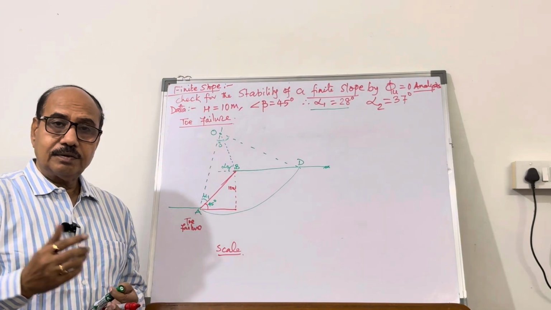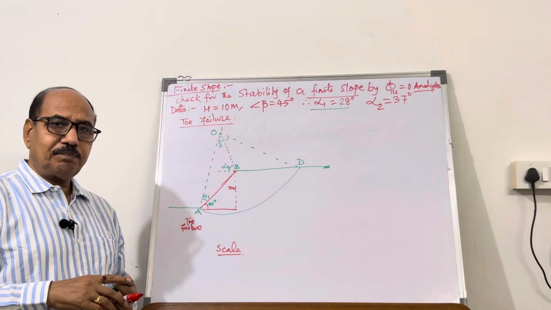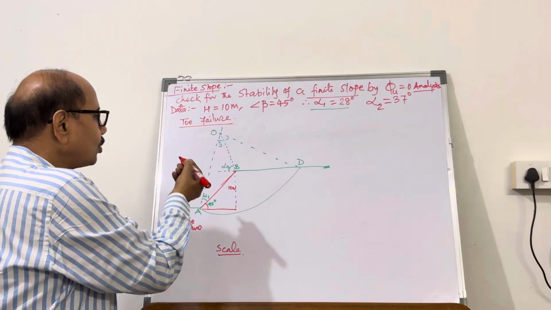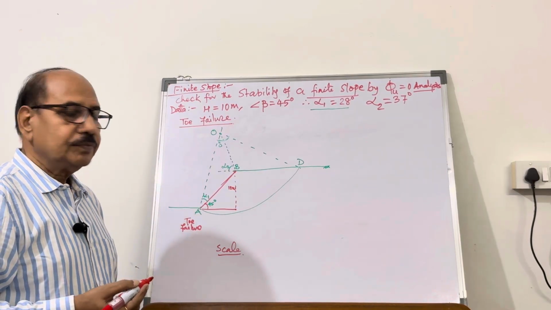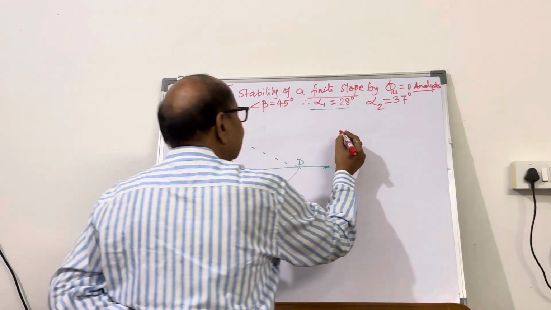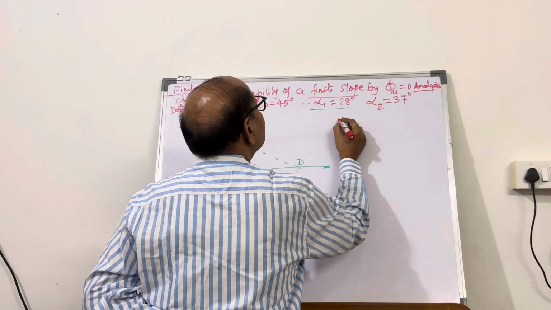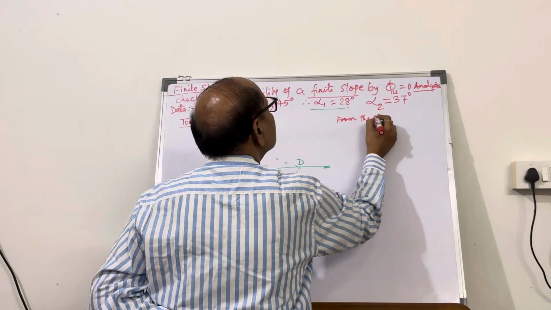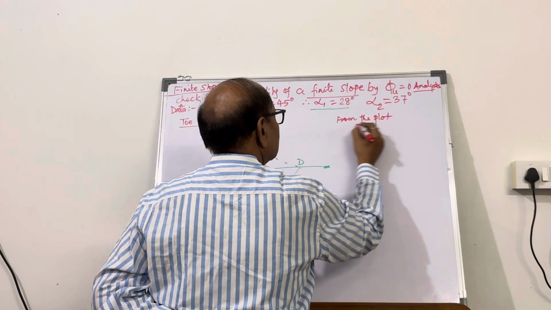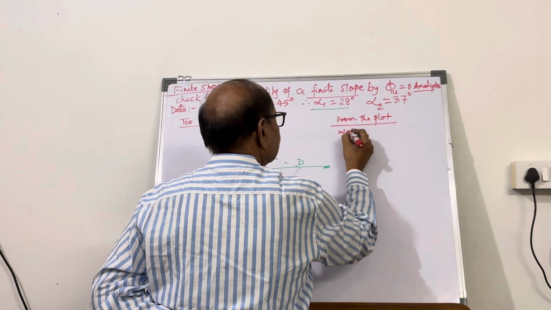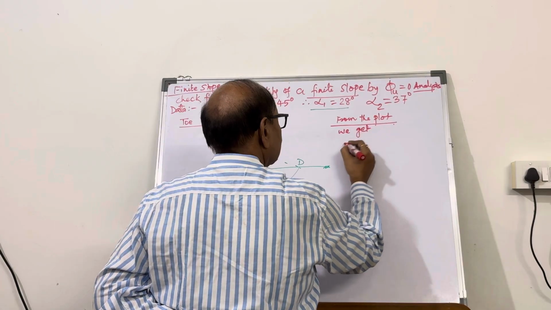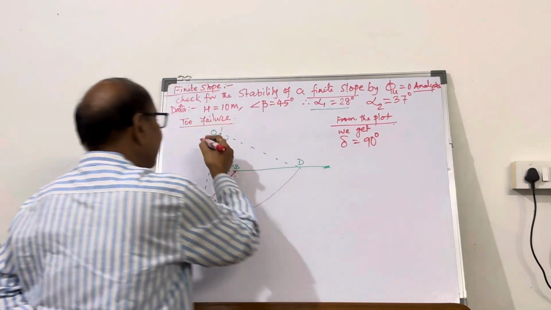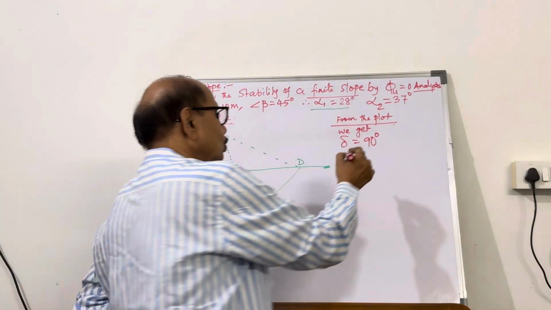So, graphically, on a piece of paper, we can solve this problem. What we are going to get from the plot is delta, and we can measure it.